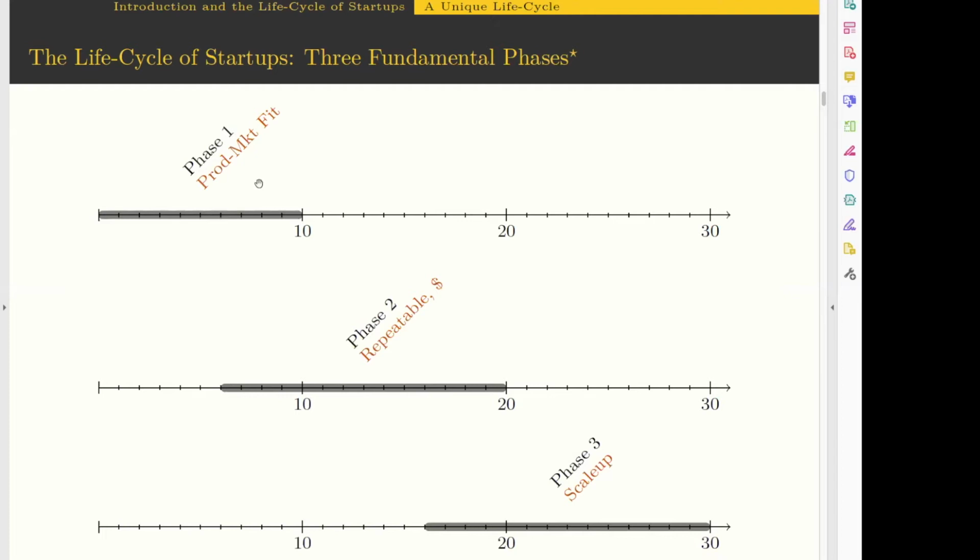And once you've figured out that repeatable and monetizable growth strategy, it's only at that point that you start really pushing the pedal to the metal and trying to rinse, repeat, while also trying to find ways to expand, right? So that's why we have these three phases.